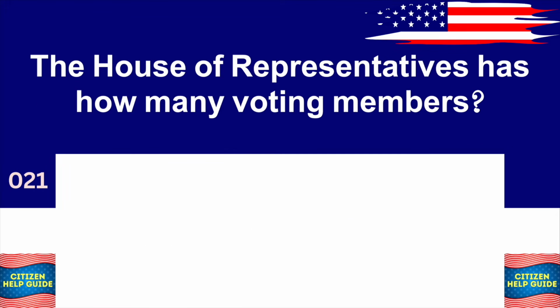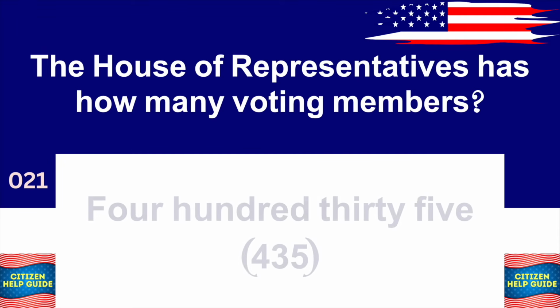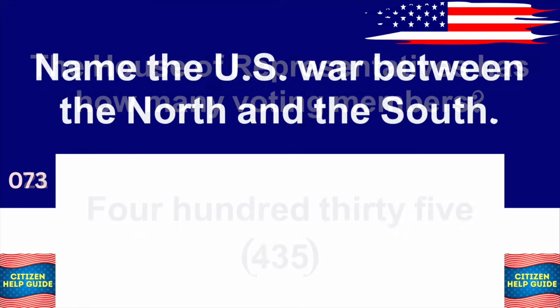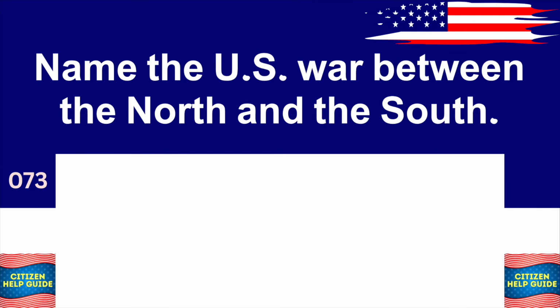The House of Representatives has how many voting members? 435. Name the U.S. war between the North and the South.